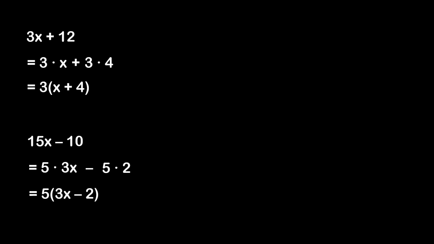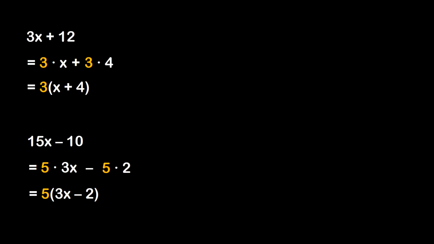And again, I'll include the color coding so we can see just how the common factors are factored out of the expressions. And again, we can see with the 5 times 3x minus 2 that if we distributed the 5 to the 3x and the 2, we would have 5 times 3x and 5 times 2, which would give us 15x minus 10. So again, that is why we sometimes like to look at factoring as the reverse of distributing. So the main idea is that you find the common factor and then you factor it out of the expression.